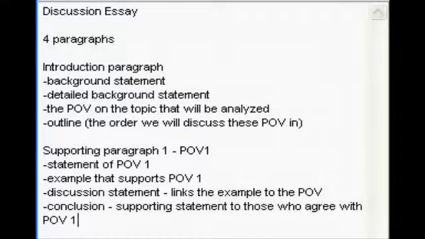So for example, we might say something like, thus it is understandable why many people feel that McDonald's is a great restaurant. Now once again, I'm using language that somewhat distances myself and my opinion from this point of view. I'm saying this is the opinion of other people, and I understand why they would think it's a great restaurant. I'm not saying that I think it's that, but I understand why they think it's that.